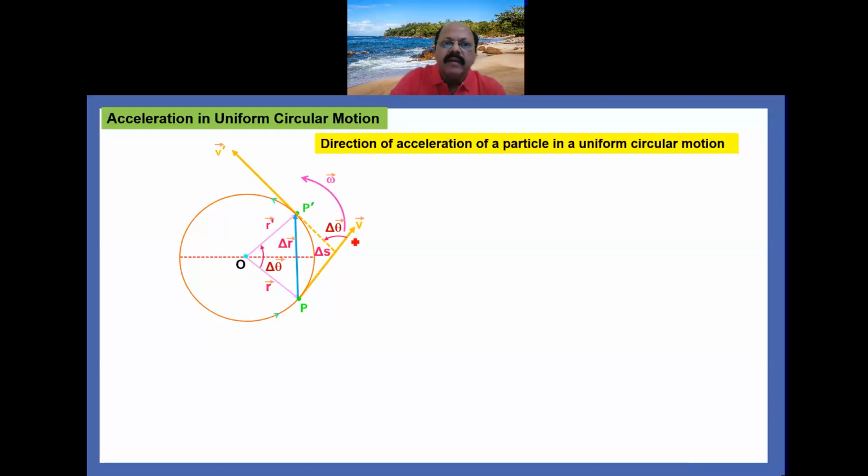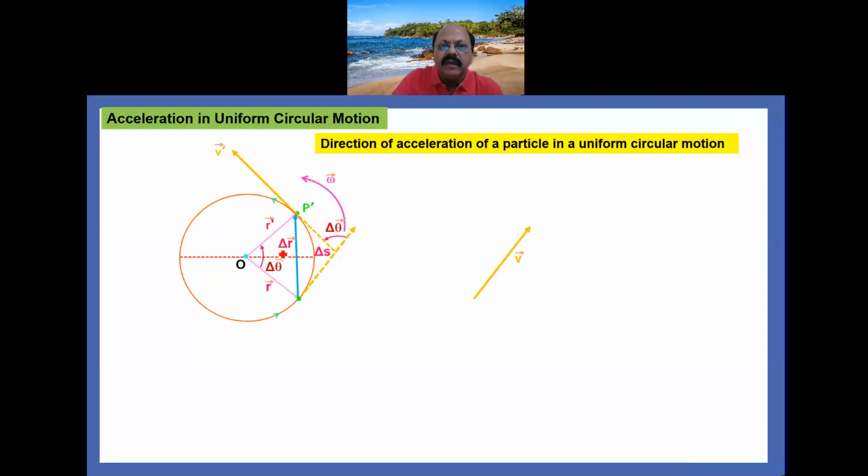At that time the position vector of the particle at P is represented by r vector, and at P dash by r dash vector. PP dash, the arc, is delta s, and the linear distance is delta r vector. Now we draw the same diagram in terms of the velocity.